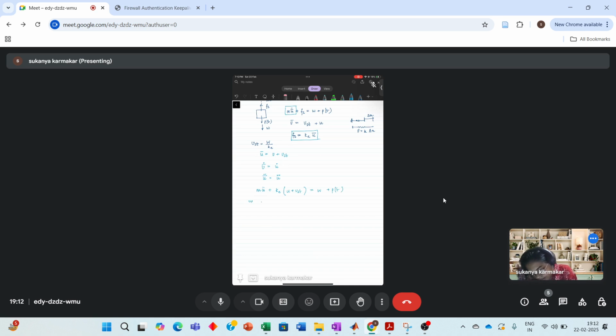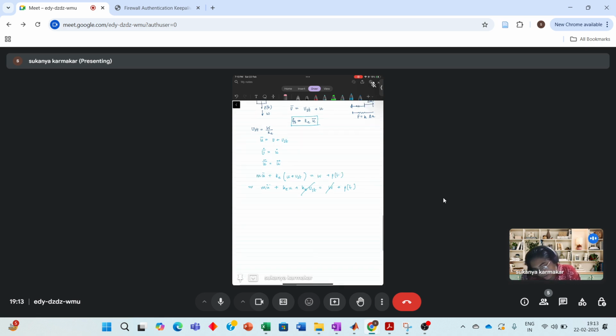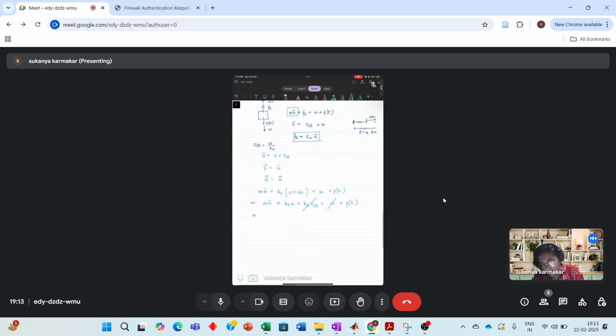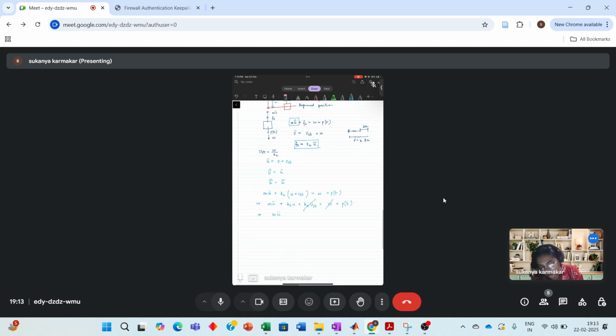So if I write this down, KE into U plus KE into UST is equal to W plus, now W is equal to UST into K. So this and this goes away. So with respect to this light blue line, that is the static equilibrium line, your equation of motion is M u double dot plus KE times U is equal to P of T.